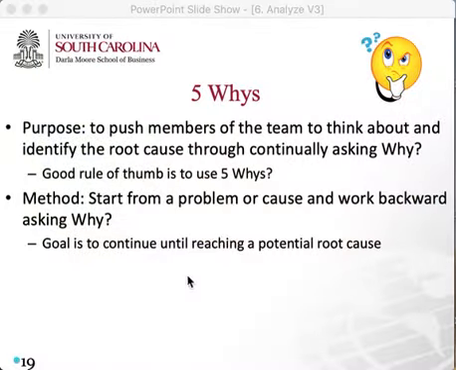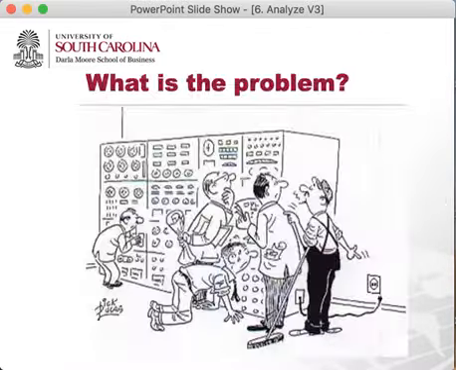But if you want to solve a problem, you want to ask a lot of whys, because you want to know the reasons of things, and the five is kind of a place where you find the actual root cause of the problem. So that's a way to get into the root cause and the structure of how things are being done. And five is a rule of thumb. It doesn't have to be five.